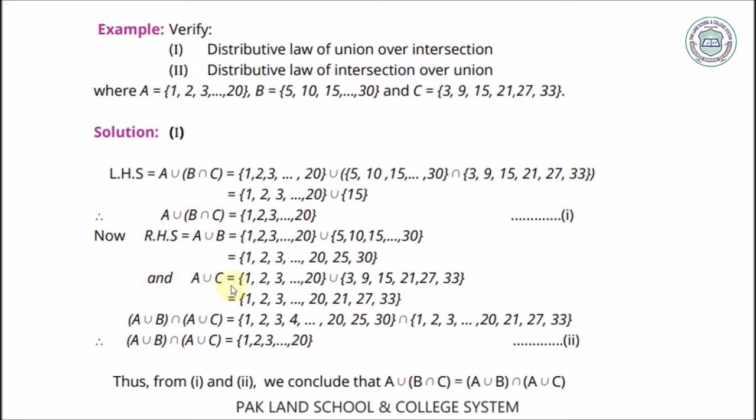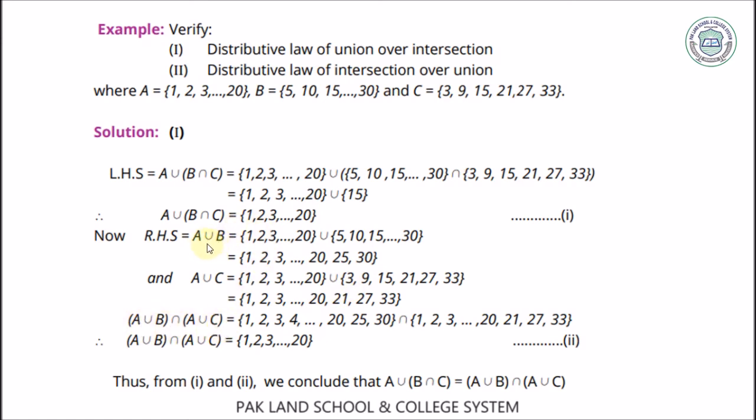A union C: A set union C set, and the union of these sets is 1, 2, 3 up to 20, 21, 27, 33. All elements which are present in A set and C set we have mentioned there.